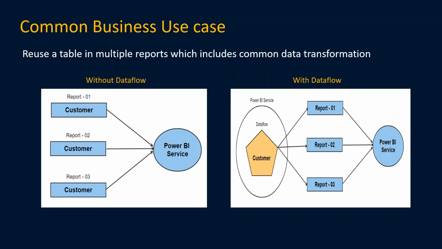We can schedule a refresh for that time, and at that time your data flow will be refreshed and your customer table will have the updated information. Okay, so that's how your data flow can be refreshed or updated.